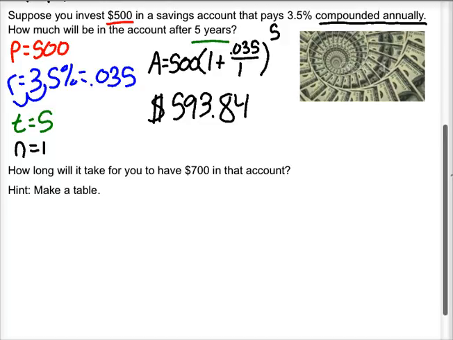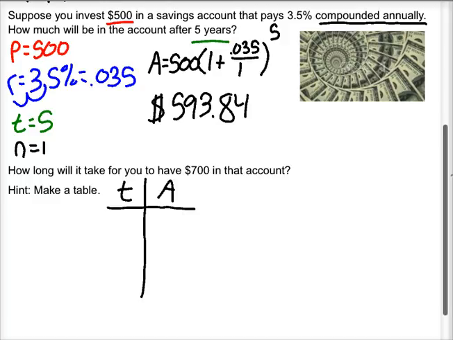All right, now an interesting question. How long would it take to have $700 in that account? Well, that's an interesting question. So the strategy for this is, if we want to know how long it'll take to get up to 700, the best way to do this would actually be to make a table, for times and then amounts.